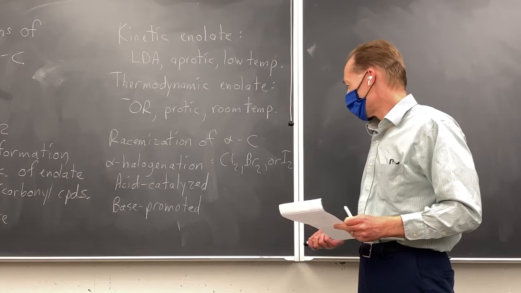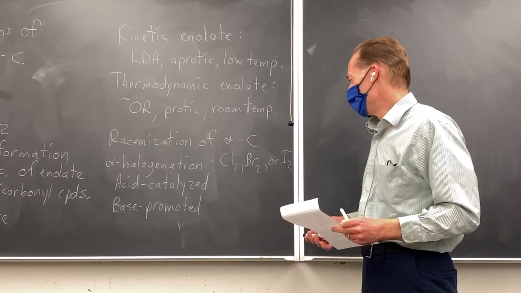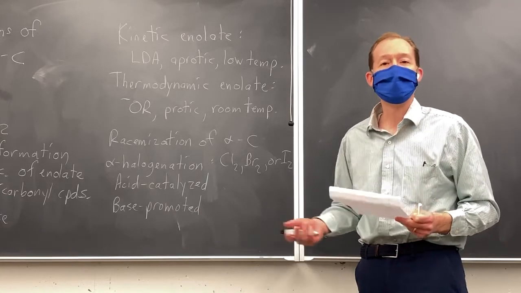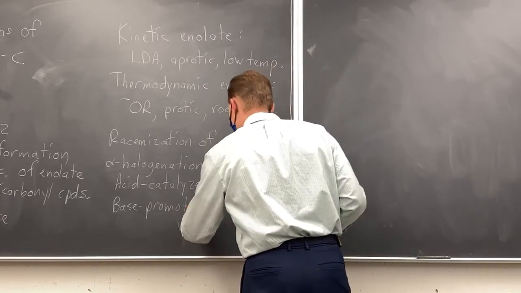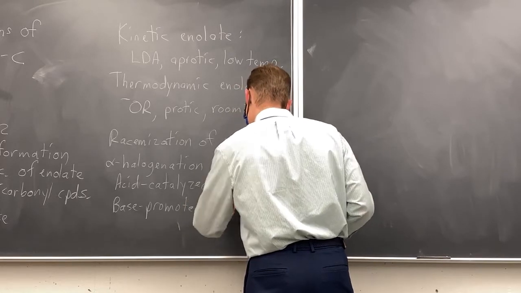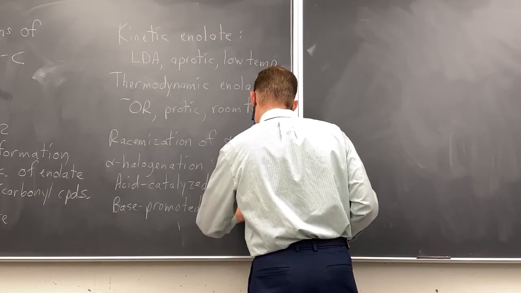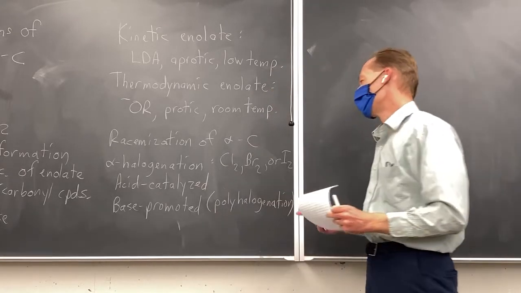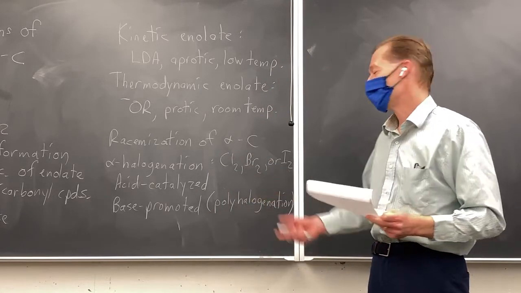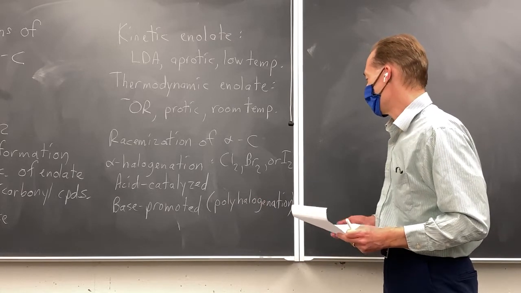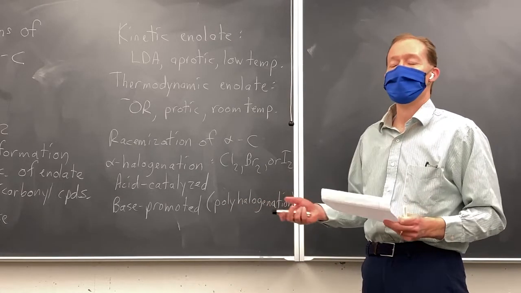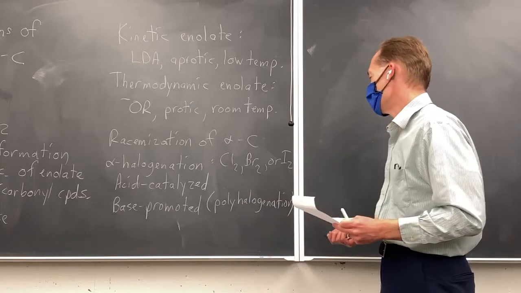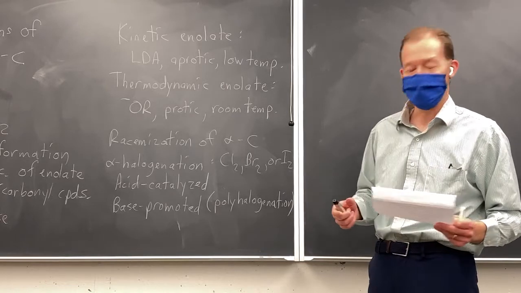And so the problem with the base promoted reaction is that polyhalogenation can occur. The acid promoted reaction is the one you would use for installing a single halogen on an alpha carbon. And then the base promoted reaction gives polyhalogenation, so you would want to use that if you wanted to replace all of the alpha hydrogens with a halogen.